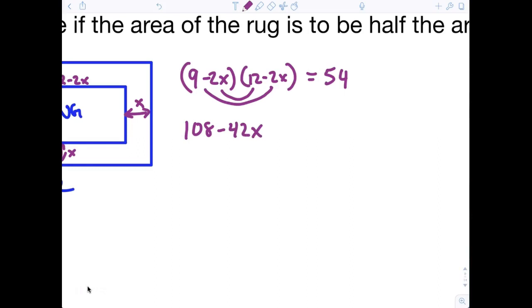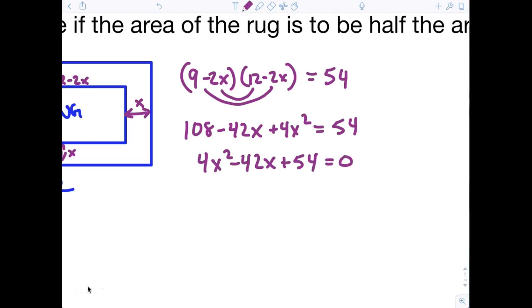Then negative 2x times negative 2x is positive 4x squared, equal to 54. Now we're subtracting 54, so let's put the numbers in order: 4x squared minus 42x plus 54 is equal to 0.